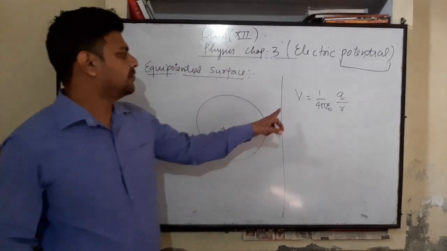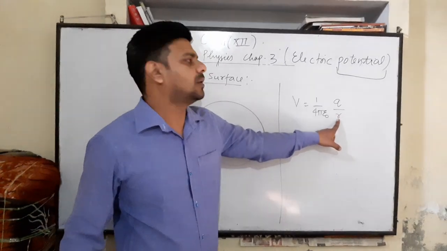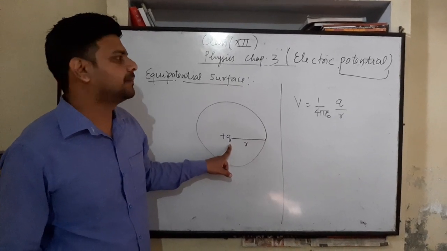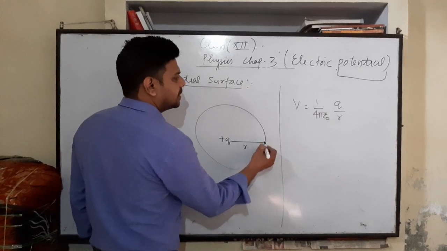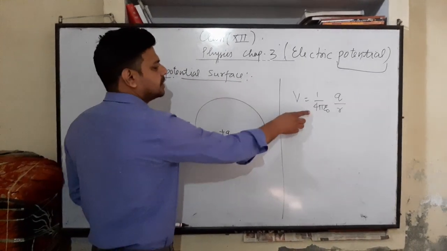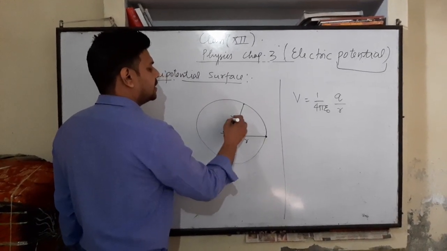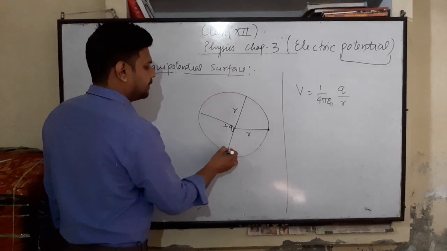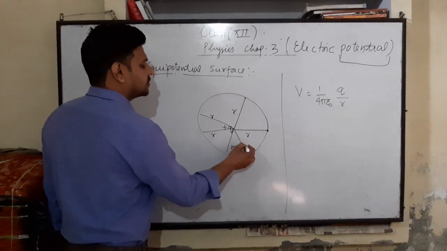Then V depends upon the distance of the observation point from the point charge. If we want to calculate potential at this point, we can calculate the value of potential due to this charge from this formula. This point is also at a distance r from this charge. These are radii of this sphere.